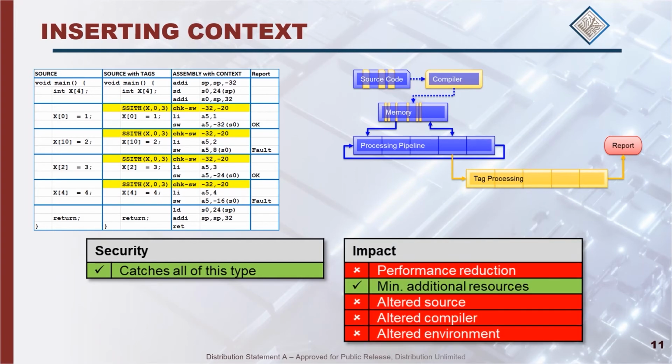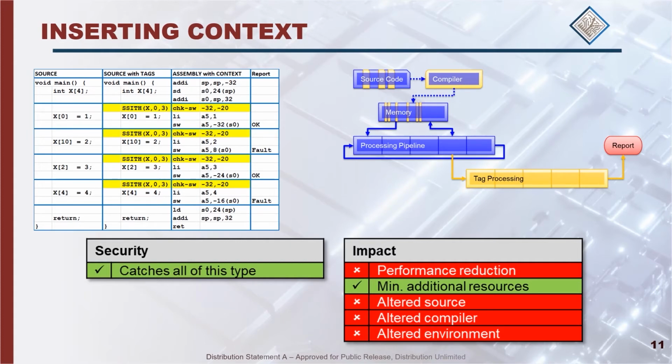From an impact point of view, we do have a performance reduction. We have actually inserted additional instructions into the source code, so the processor has to execute those additional instructions in order for that context to reach the tag processing. So that's definitely a negative in this case.